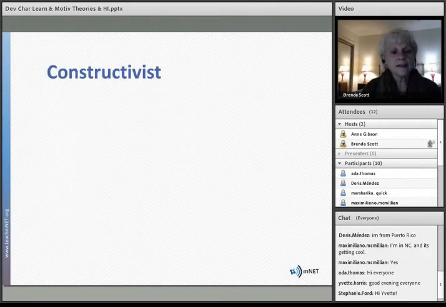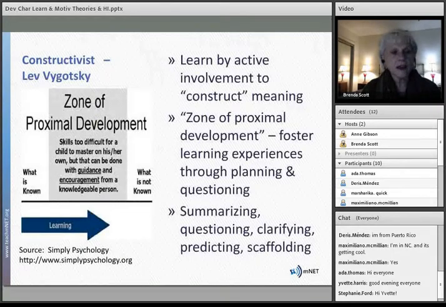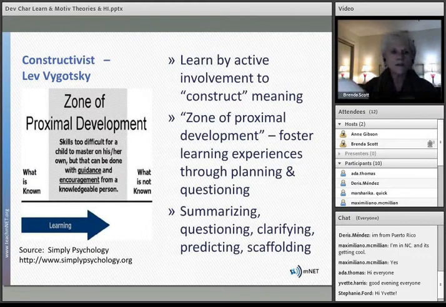All right, let's look at the constructivist folks now. Constructivist folks, again, have a big influence on education as well. Vygotsky is well known in the field of education in terms of influence on learning. Constructivists put the word construct into their learning.